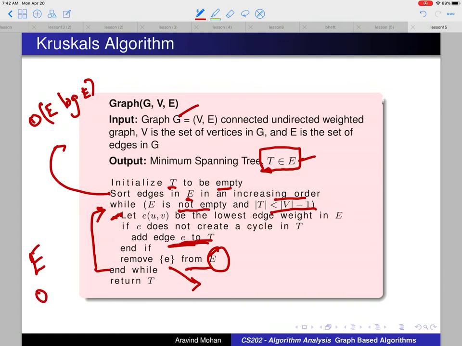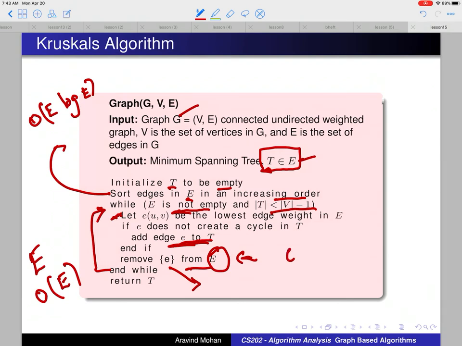So meaning it's going to be big O of E is the maximum or the worst case running time for that while loop, right? Because it's going to run all the way until all the edges are removed from that set E, right? So which means it's going to be big O of E in the worst case.